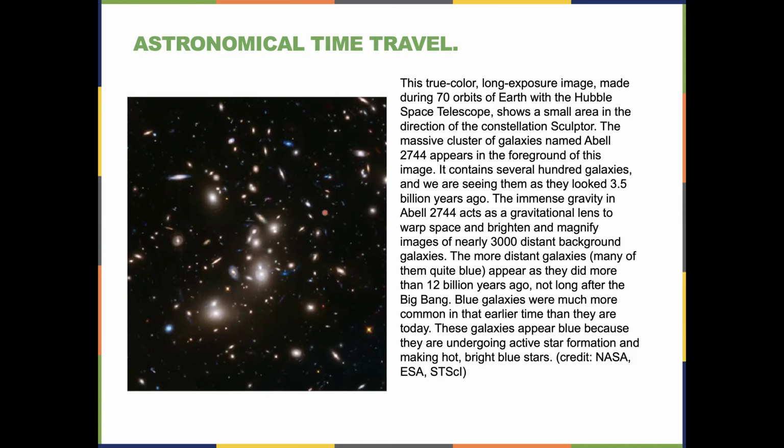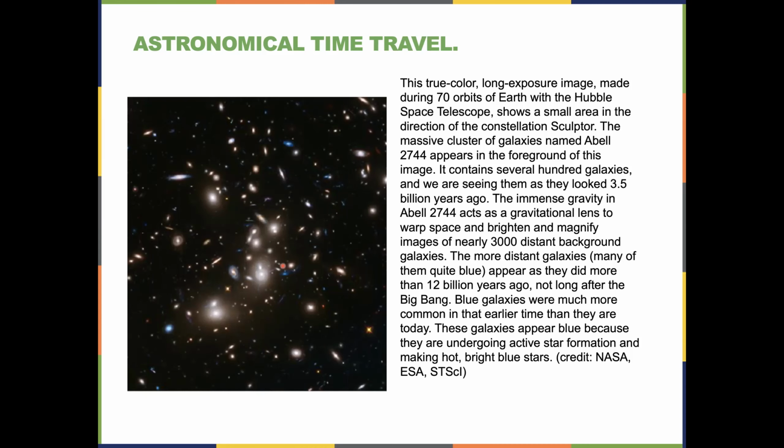All these blue galaxies that you see have come into this particular image as a result of gravitational lensing, and those blue galaxies actually do not belong to the galaxy cluster. So they are appearing here in the image as a result of this gravitational lensing effect. And those galaxies are around 12 billion years away from us, right?